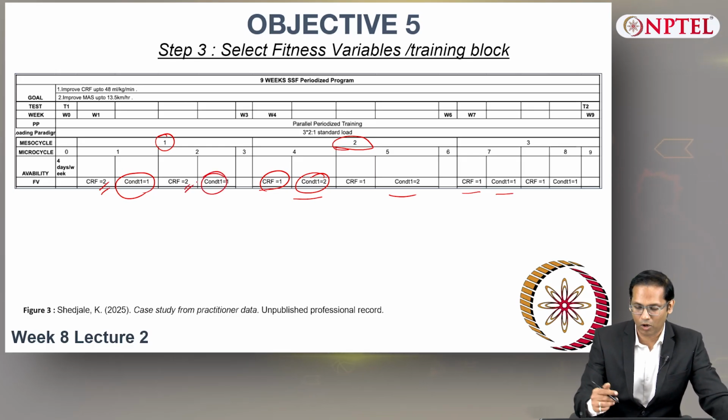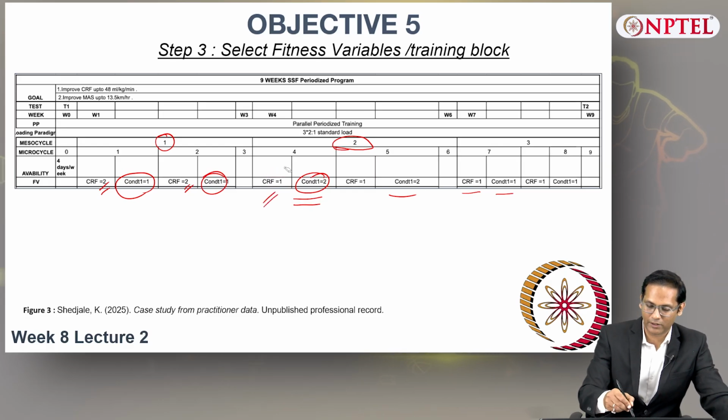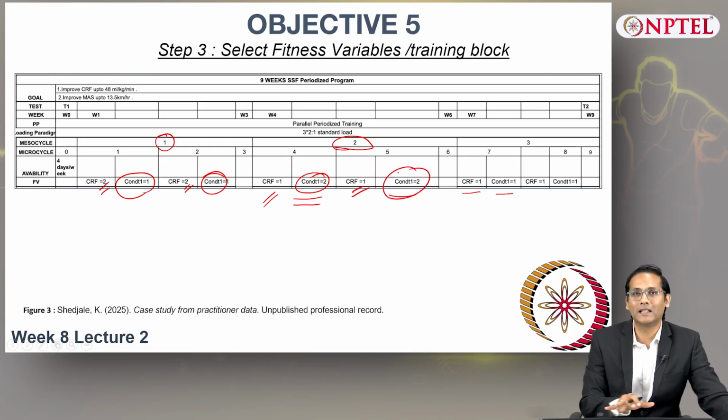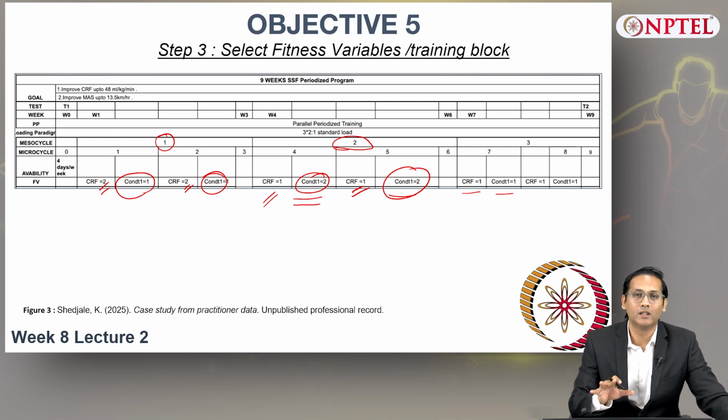In the second block, that is second mesocycle, 2 sessions for aerobic conditioning and 1 session for aerobic capacity, that is cardio. So this helps to balance, and this is how a balanced training selection looks like.